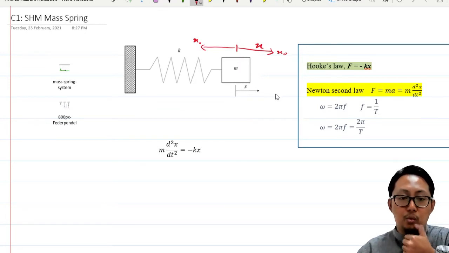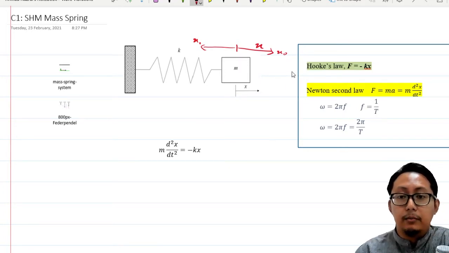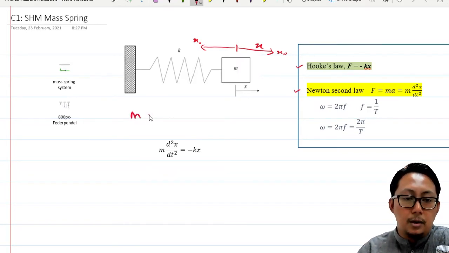So we have two theories to calculate for the mass spring system, which are Hooke's law and also Newton's law. Hooke's law is equal to minus kx, and for Newton's law, F is equal to ma, the acceleration times the mass. From here we have ma is equal to minus kx.